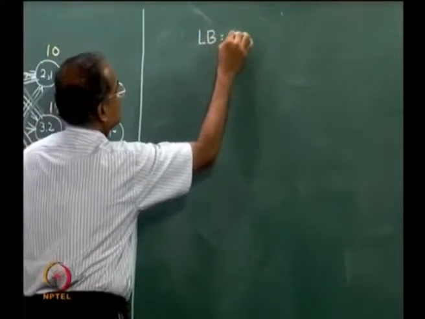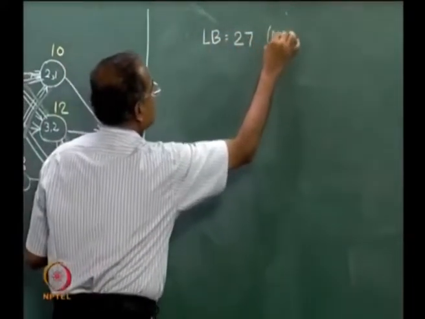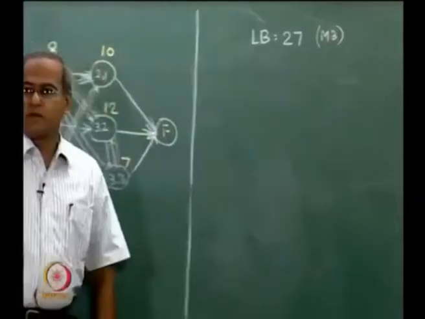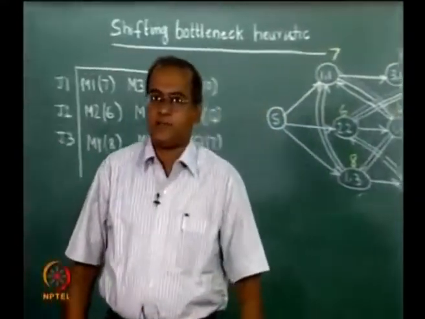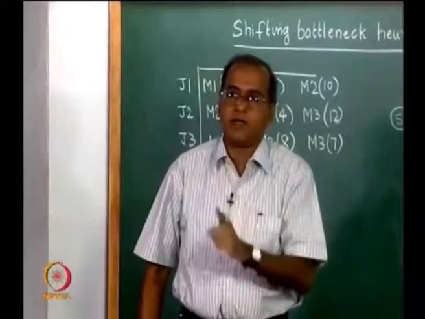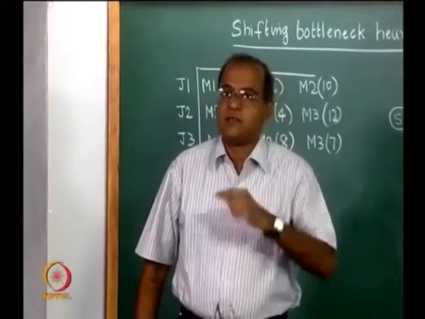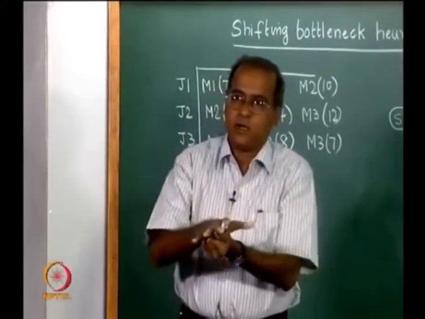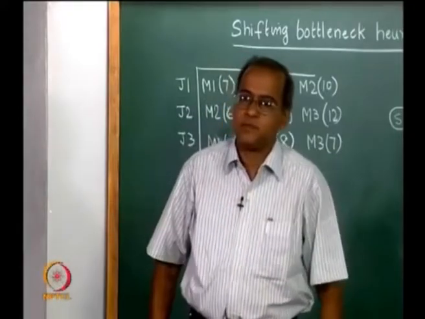So, lower bound on the makespan as 27, which is for M3, and then we identify M3 as the first bottleneck machine because it has the highest load amongst the 3 machines.